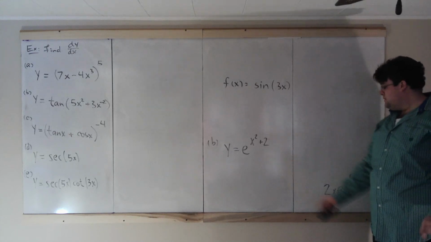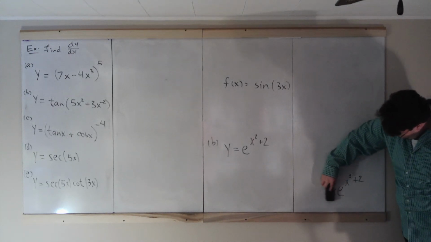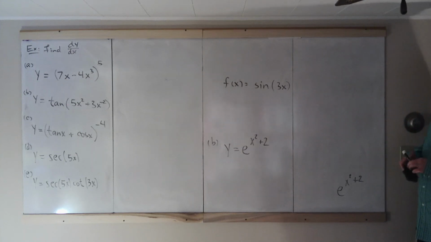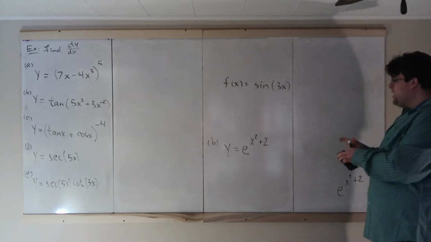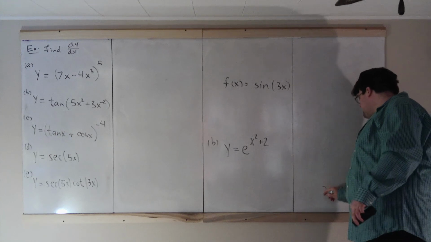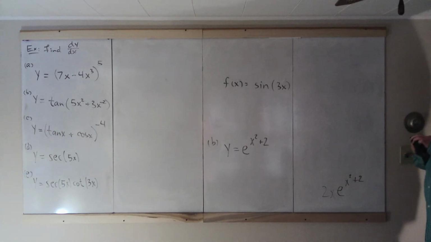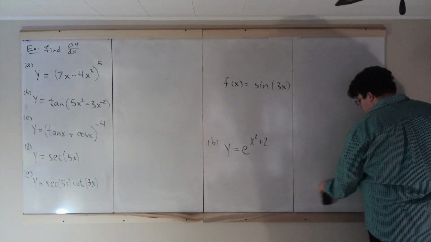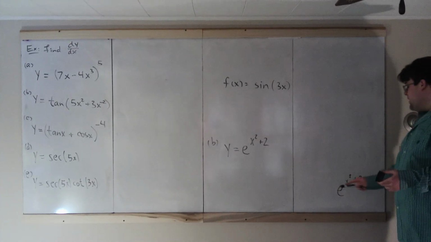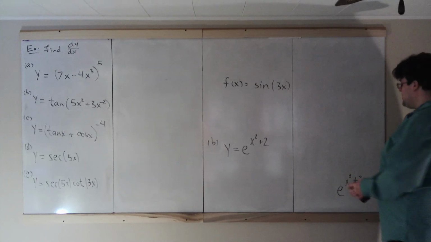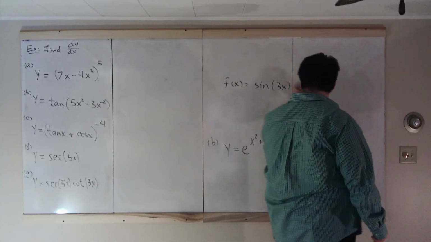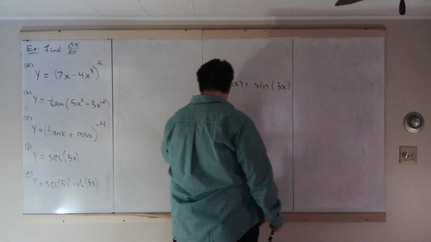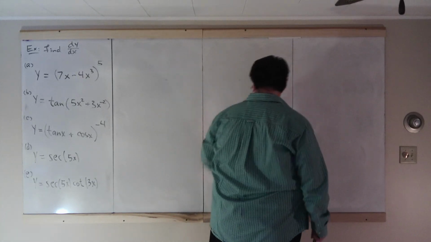Derivative of e to the x is itself, but then you multiply by the derivative of that exponent, which is 2x. So all of these chain rule examples will work in a similar way, where you take the derivative as you normally would, but then you multiply by the derivative of, in this case, the exponent. In this case, the inside function. So let's do that with some of these examples.